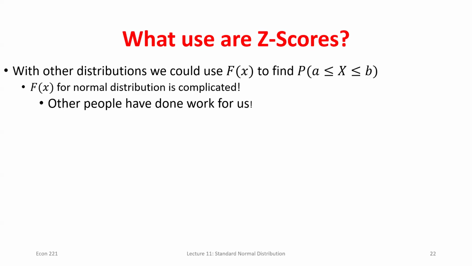Okay. So once I have these z-scores, I can start to do some interesting things. So if I start out and I've got some normally distributed variable x, right? It has a mean and it has some variance. This variance could be, I don't know, 20, and the mean, we make up some values, right?